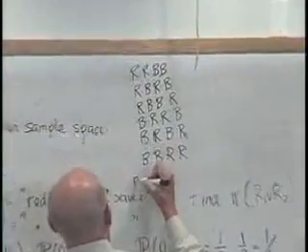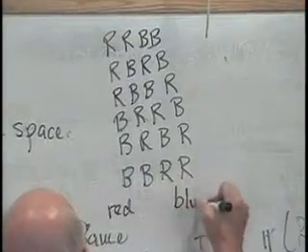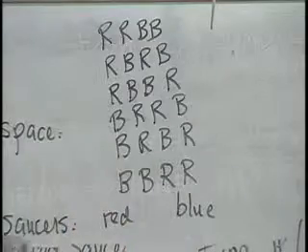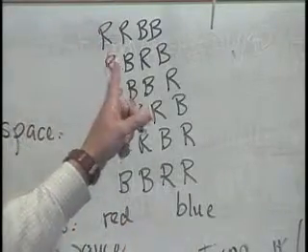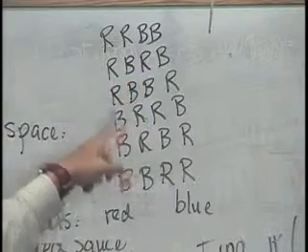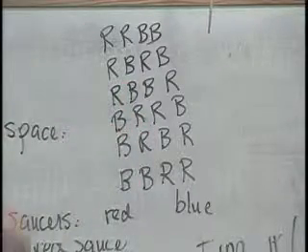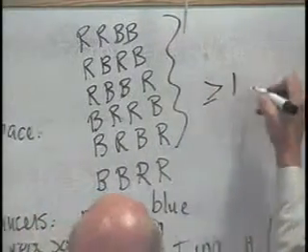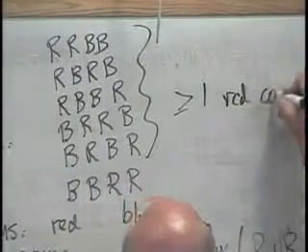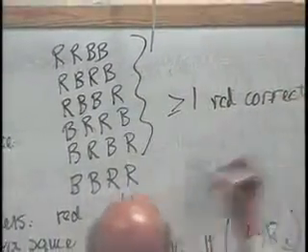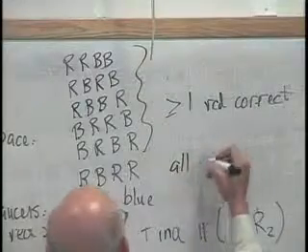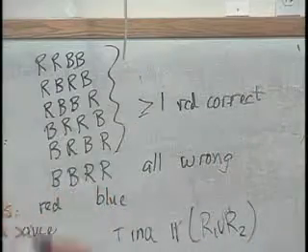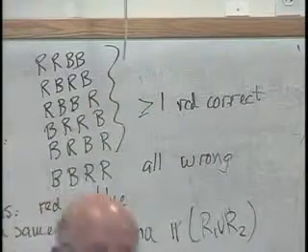So these are red saucers here and blue saucers here. And if you accept that these 6 alternatives are all equally likely, these all have at least one red correct, and only in this case is every cup on a saucer of the wrong color, and therefore there are 5 chances in 6 that you get at least one red correct.